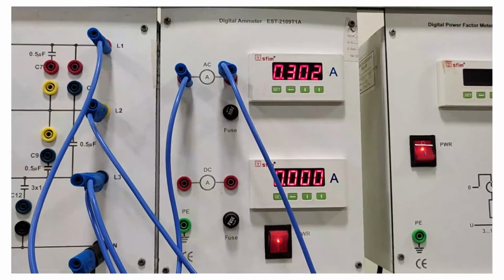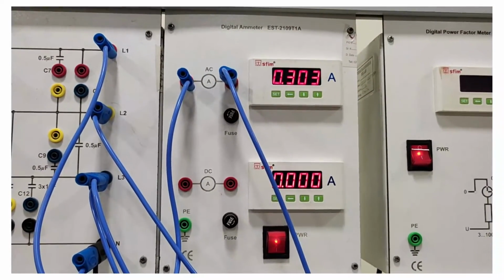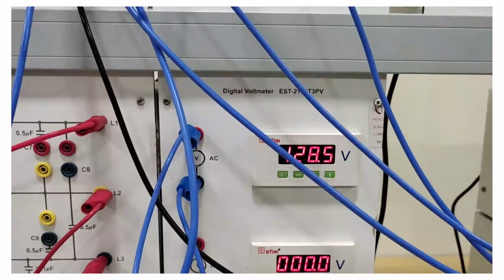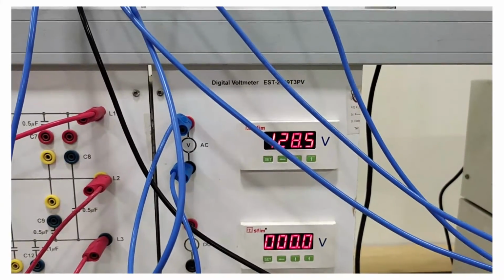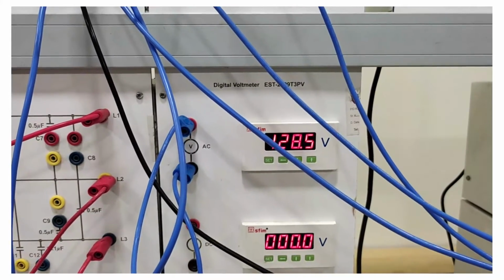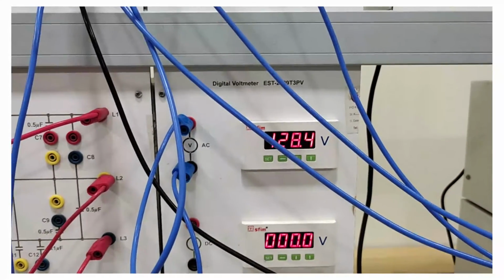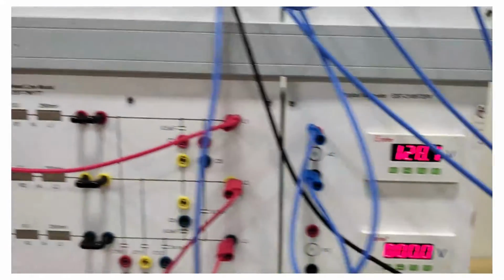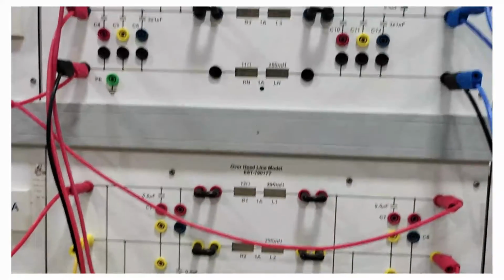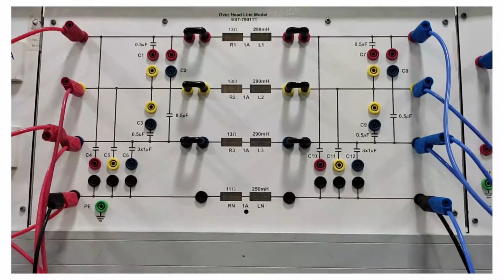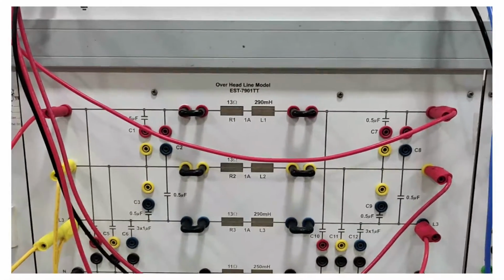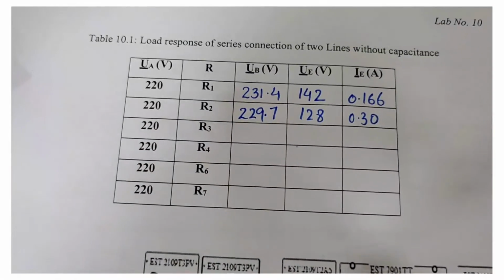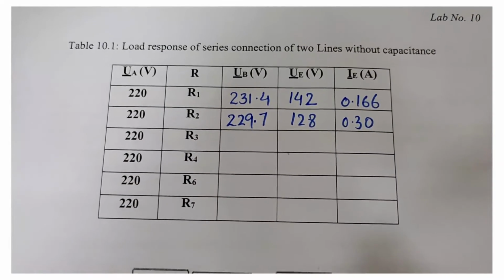As the load is increased, the receiving end current is increased, and the receiving end voltage is further decreased. You can see that there is a large voltage drop compared to our sending end voltage, because there is no line to line capacitance connected to our transmission lines. So we will note down the readings again. Students, you can see here we have filled the table accordingly.